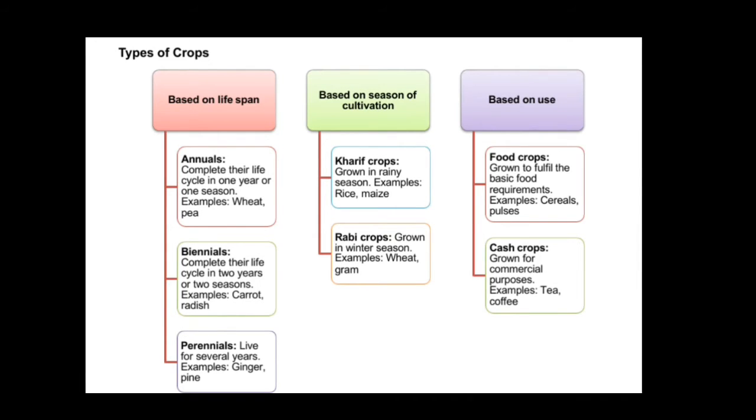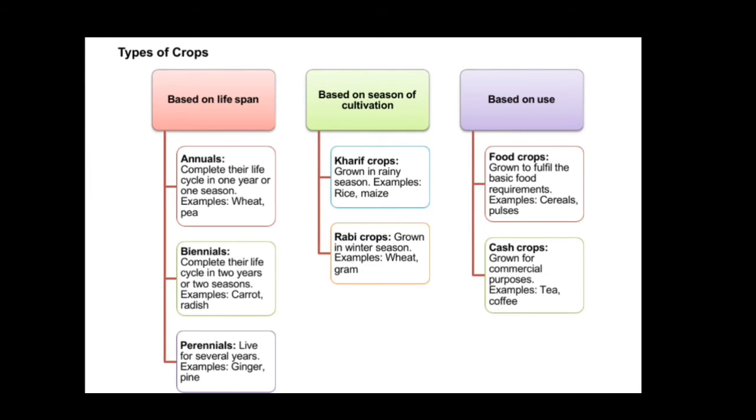Annual crops are those which complete their life cycle in 1 year or simply in one season. Examples are wheat and pea. Biennials are those crops which complete their life cycle in 2 years or they require 2 seasons to complete their life cycle. Examples: carrot, radish. Perennials live for more than 5, 10, 15 years.